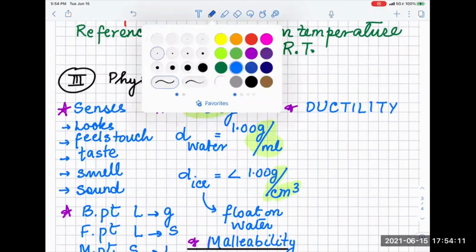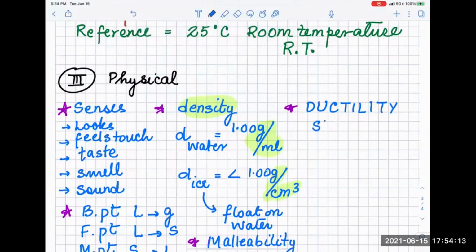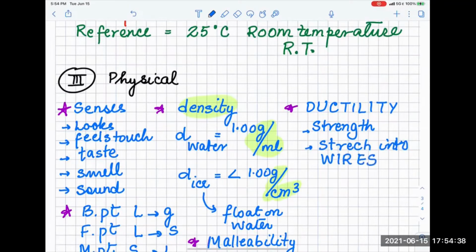In other words, can you stretch them into wires? So what is the tensile strength? Not everything can be stretched into wires, only certain types of substances. So it is the strength of a substance, and also whether you can stretch it into wires. Okay, stretch them into wires.